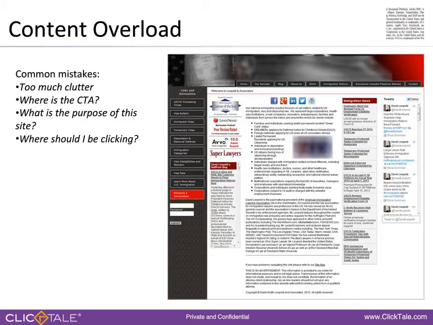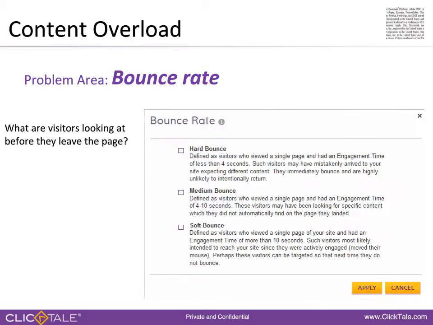Another area to be looking at is what visitors are doing before they leave a page, because this is something that happens a lot in terms of content, when there is content overload. You're not really sure what people are doing, what people are looking at last right before they leave. So that's why we have this tool in ClickTale called hard bounce, medium bounce, soft bounce. It's for our bounce rate analysis.